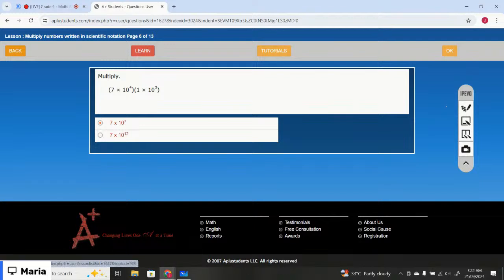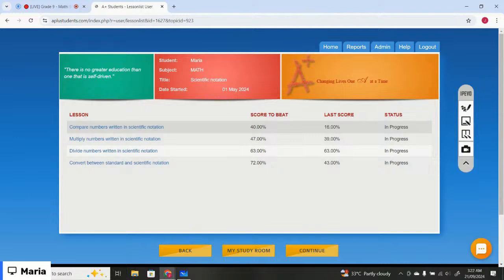Okay, you can complete the lesson by yourself later today. Let me just move on to next lesson. And the next lesson is divide numbers written in scientific notation.